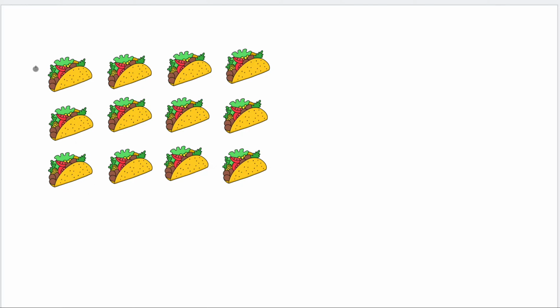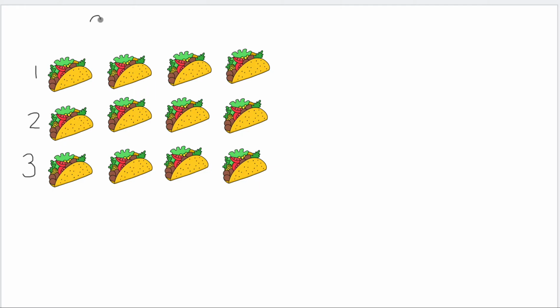We have 1, 2, 3 rows of tacos. There are 1, 2, 3, 4 tacos in each row. If we count them all up, we have 4, 8, 12 tacos all together. We could write this as a multiplication problem, right?